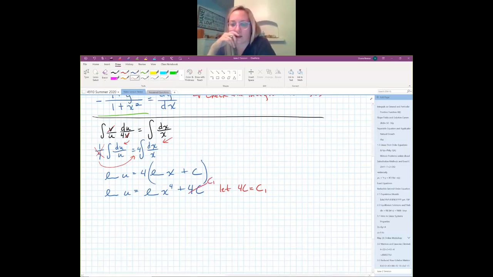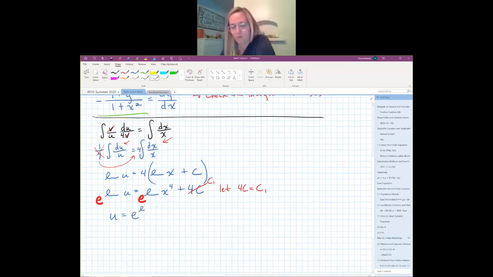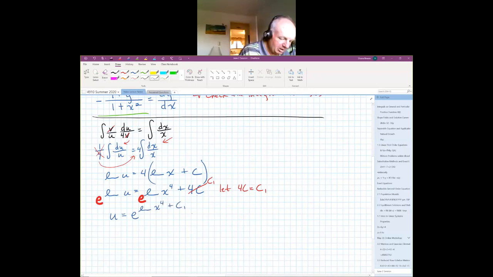Okay, so all you're going to do is exponentiate both sides, right? Take e raised to the left side, which must equal e raised to the right side. That gets rid of your natural logs. And so you'll remember this trick, right? e to the ln of x to the 4th plus c sub 1 equals e to the ln of x to the 4th times e to the c sub 1.